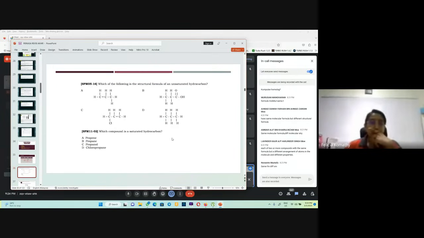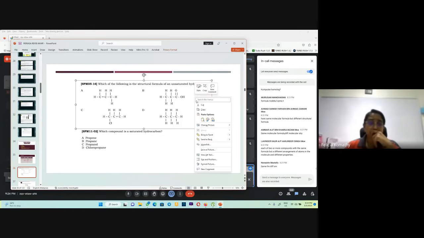Okay, now look at this. First question, SPM 2005 question 16. Kindly respond in the chat now. Which of the following formulae is an unsaturated hydrocarbon? So the keyword here is unsaturated hydrocarbon.